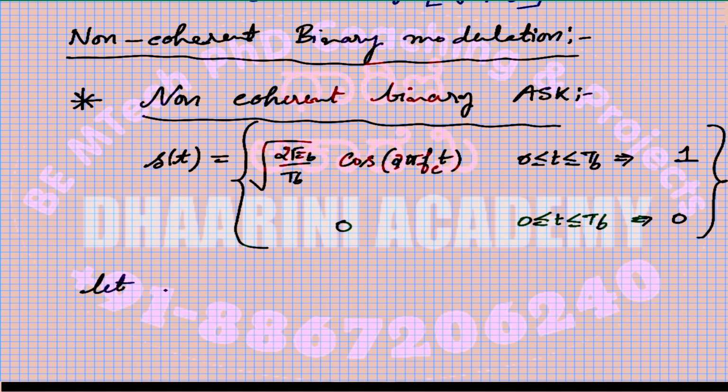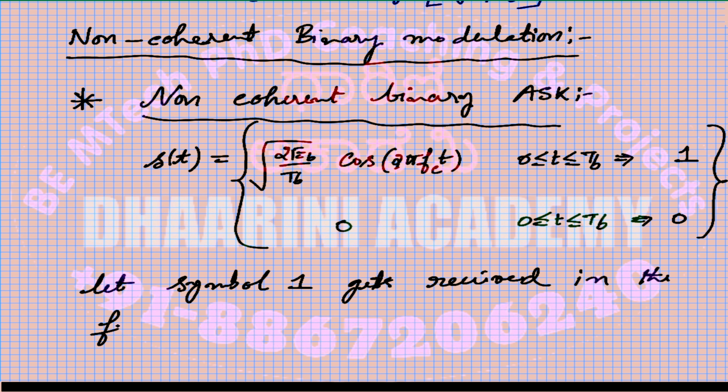So let us assume symbol 1 was transmitted and it is received in the form of x of t. x of t is equal to square root of 2 Eb by Tb times the cos function, cos of 2 pi fc t.